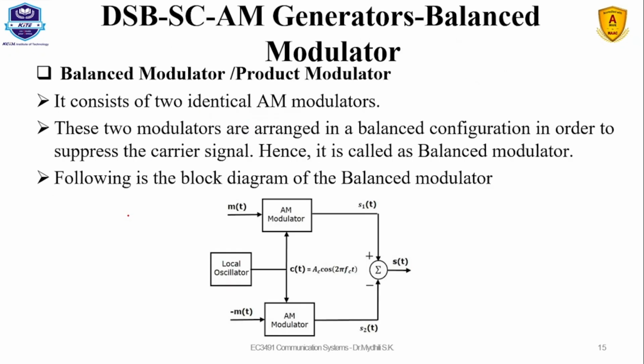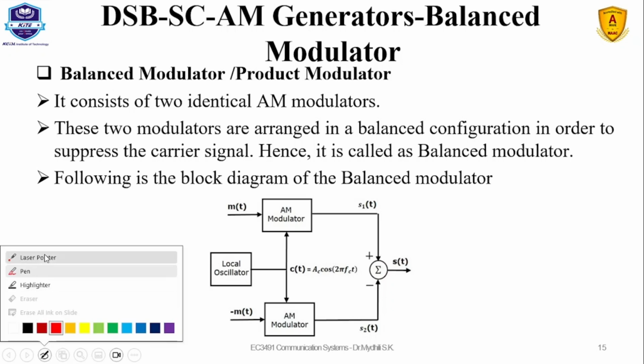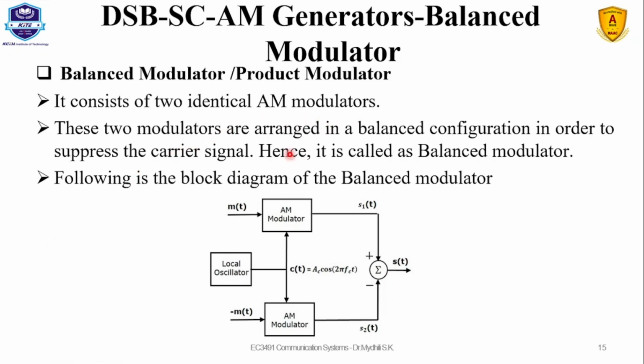First one is the balanced modulator. The balanced modulator consists of two identical AM modulators: AM modulator 1 and AM modulator 2. As we know, just by adding the signals, we will get the double sideband suppressed carrier AM.